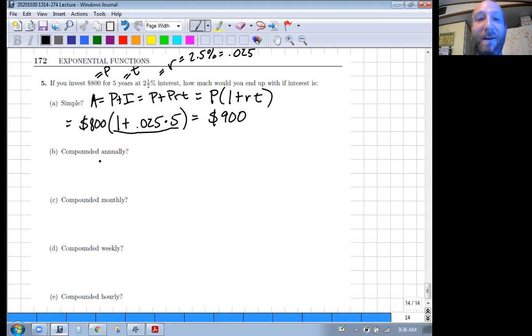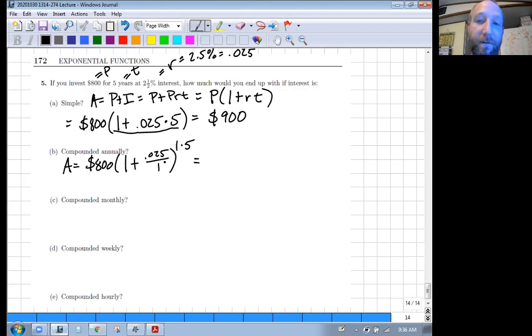All right, if we compound annually, we have our principal, 1 plus our interest rate over 1, times 5. Our compounding number n is 1.